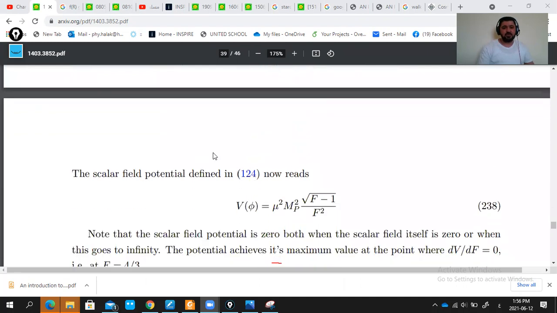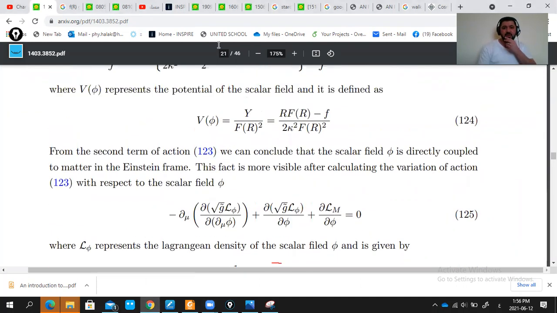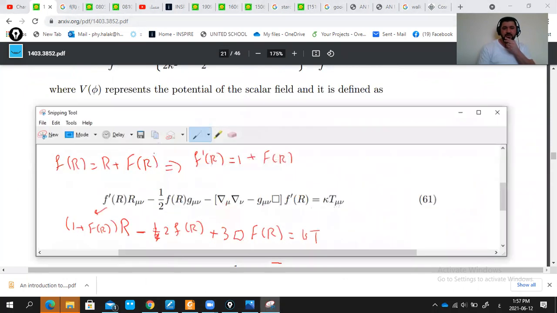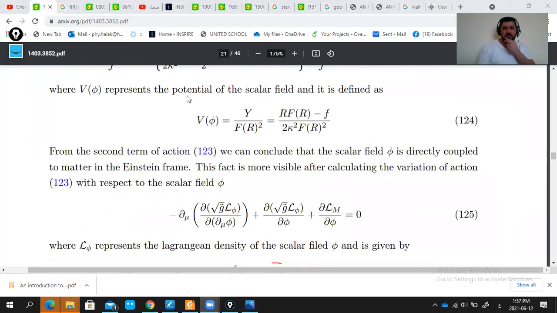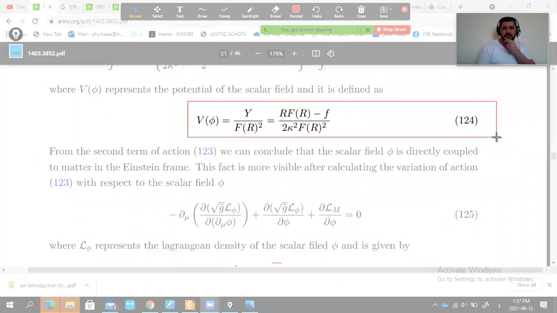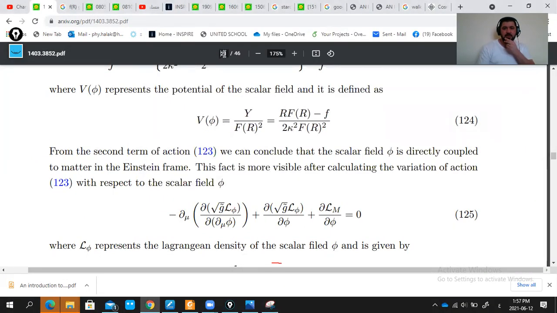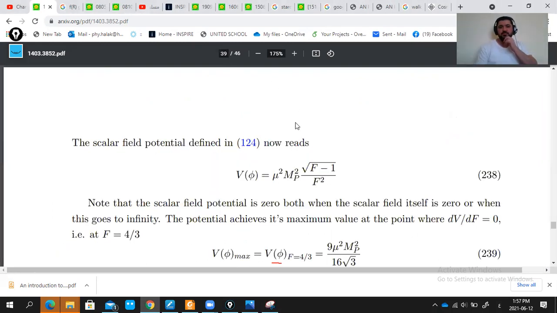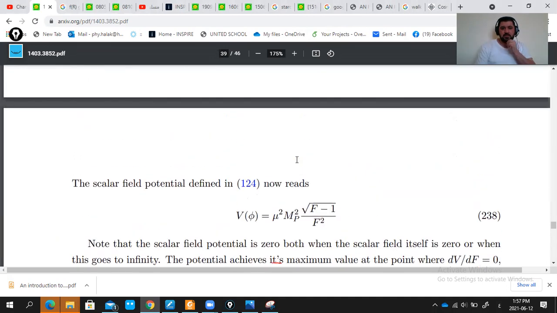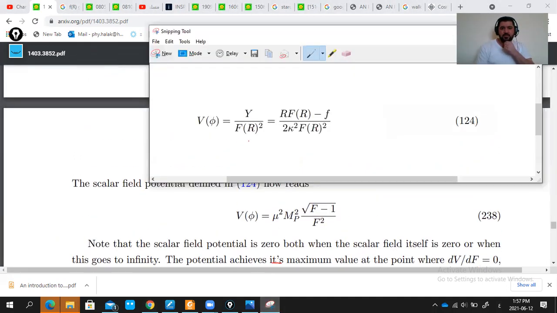Let's just review what's 124 and this is 39. Yeah, this is 124. Take a screenshot just to check the equation. And here 39. Okay, so let's check that.